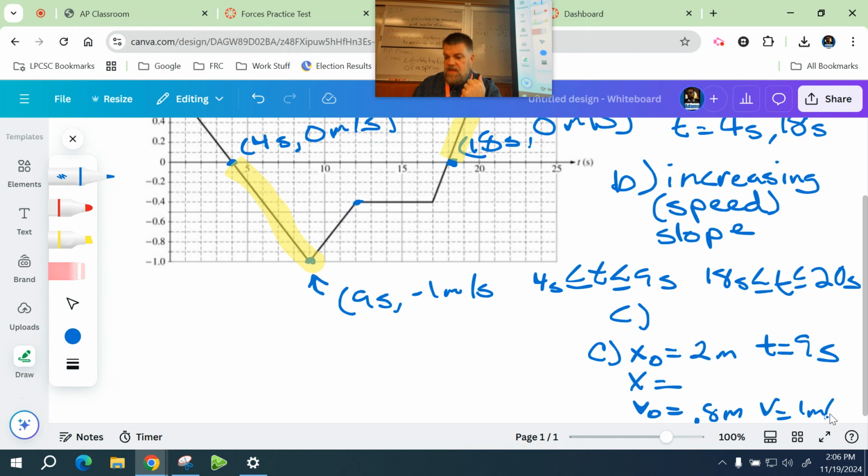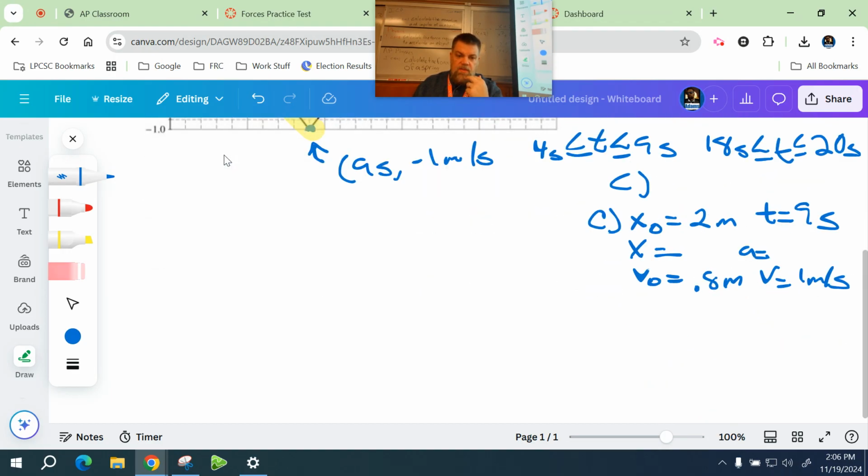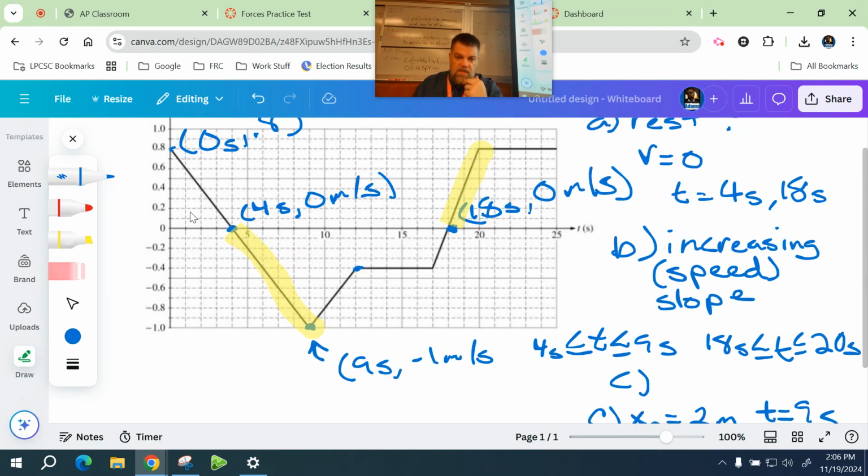Meters per second. And then you can figure out the acceleration because that's just the slope of the graph. And since it's linear, how would you do that?